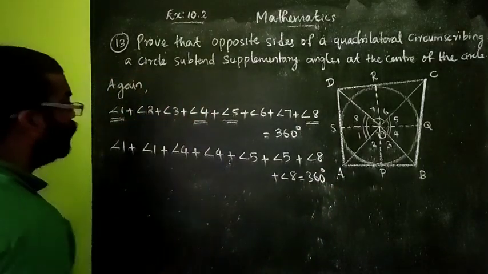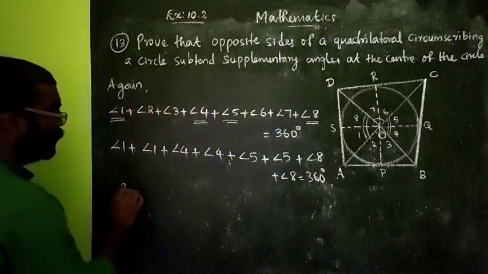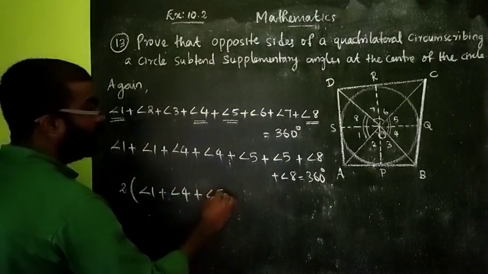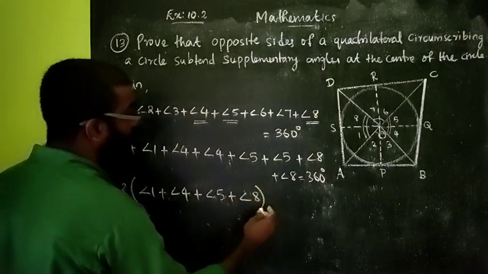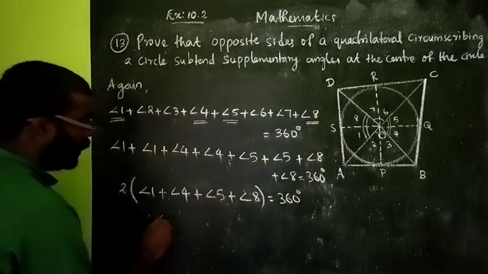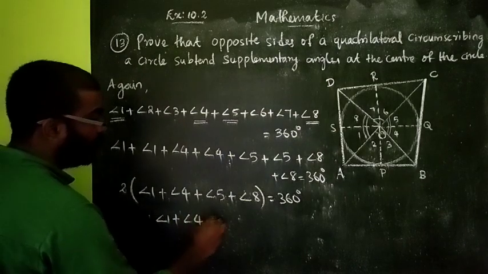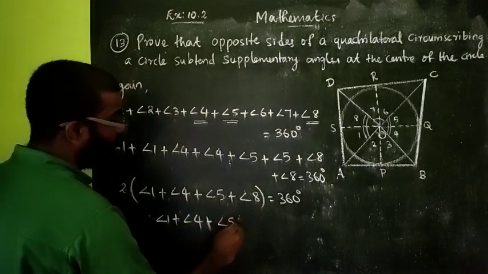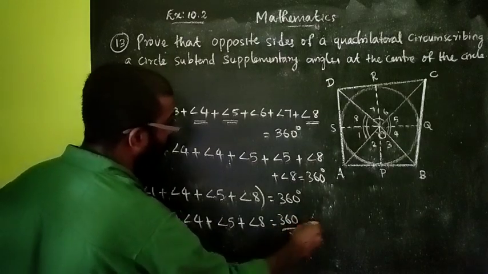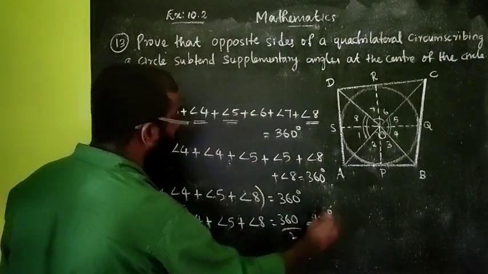Here also all the 4 angles come 2 times. So 2 into angle 1 plus angle 4 plus angle 5 plus angle 8, which is equal to 360 degrees. Or we can write angle 1 plus angle 4 plus angle 5 plus angle 8 is equal to 360 divided by 2, equal to 180 degrees.